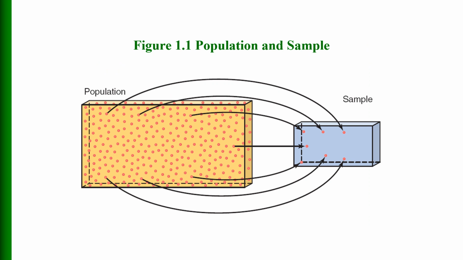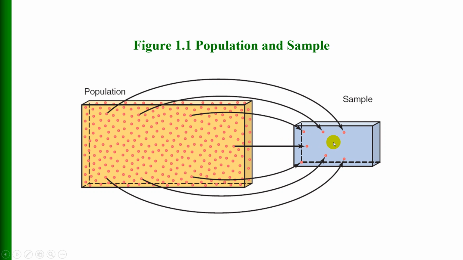Here is an example. This figure portrays the difference between population and sample. On the left hand side, you see this is population, and it consists of all elements under consideration. So all these red circles or dots are the elements or items or objects which are contained in this population, and on the right hand side you see this is a portion of this whole population.